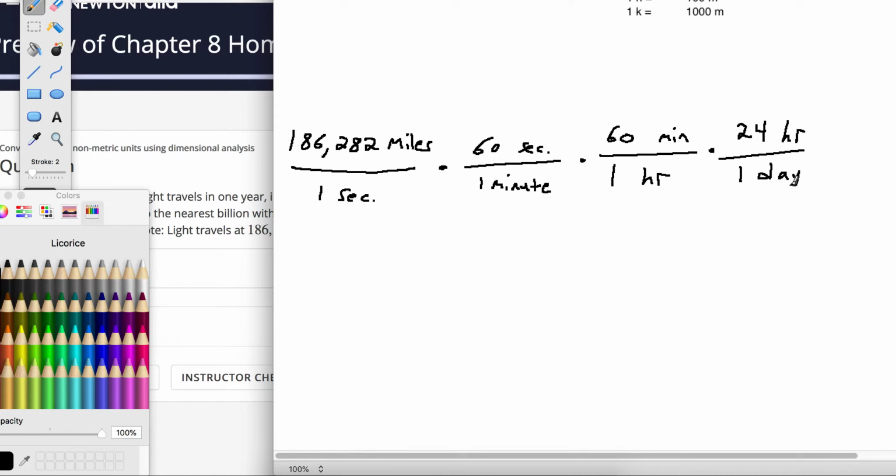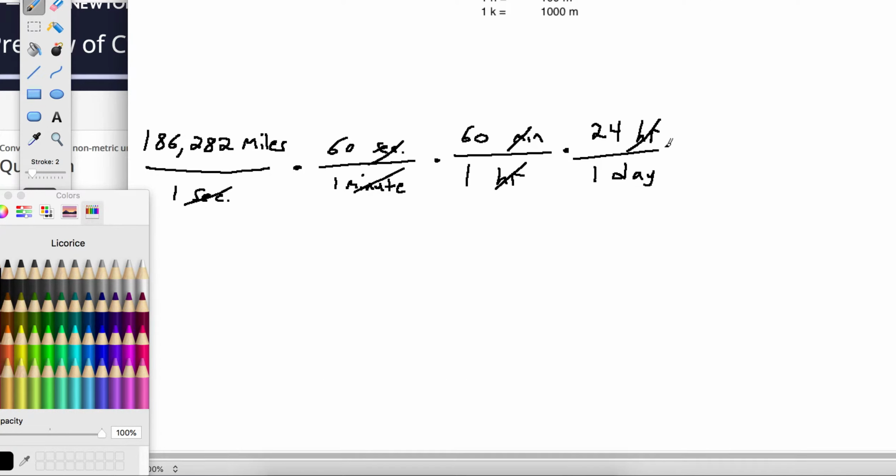And just notice how I'm stacking the fractions. It's so that I can cross cancel my units, right? Because we're not supposed to be in seconds, not supposed to be in minutes, not supposed to be in hours. We got from 1 day. There's 365 of those days in 1 year, I should say.